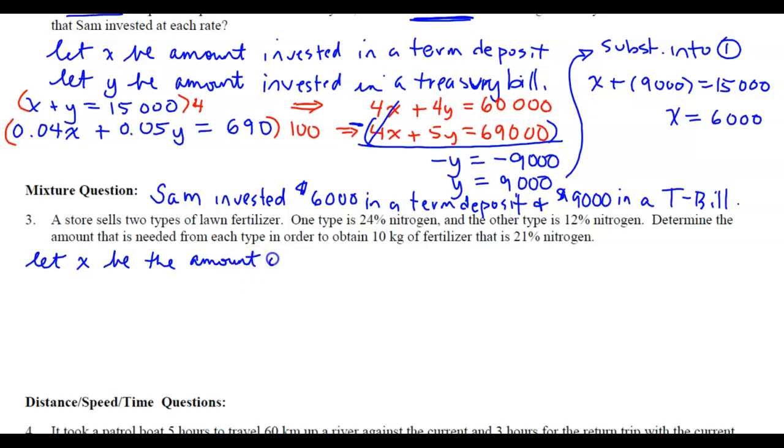I'm going to abbreviate with nitro. It's not just 24% nitrogen. It's the fertilizer where 24% of it is pure nitrogen. And then let Y be the amount of 12% nitro fertilizer.